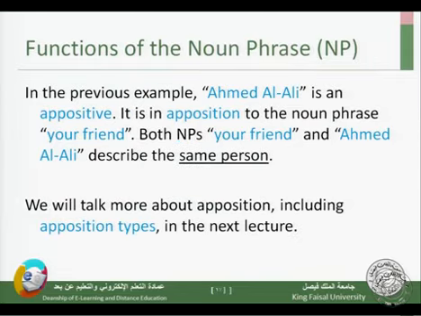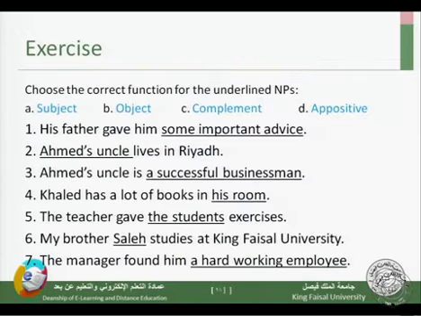In the previous example, Ahmed Al-Ali is an appositive. It is in apposition to the noun phrase your friend. Both NPs, your friend and Ahmed Al-Ali, describe the same person. We will talk more about apposition, including apposition types, in the next lecture, inshallah.